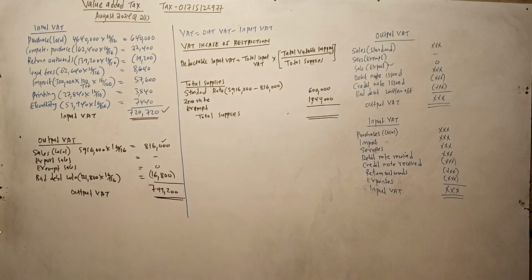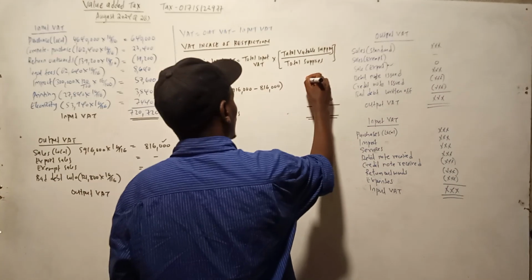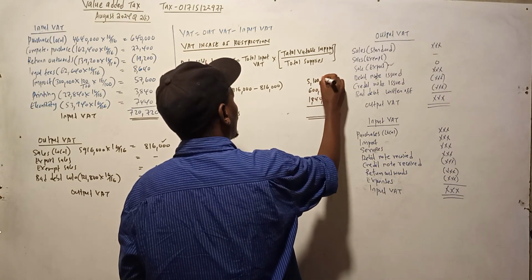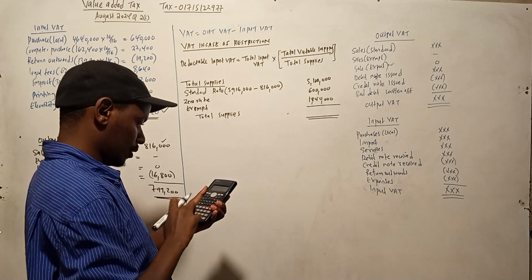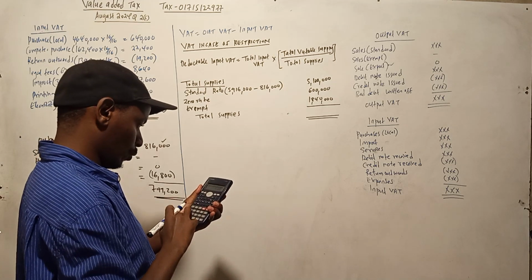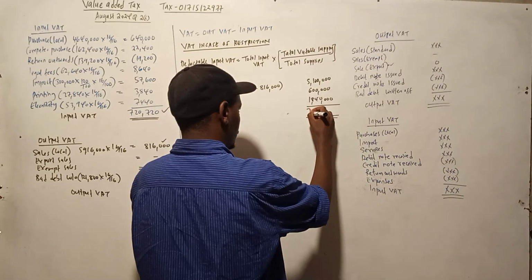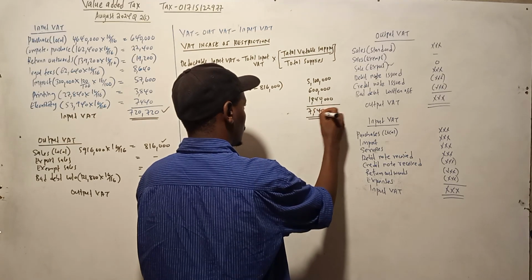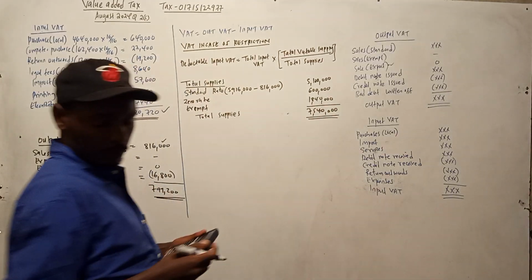How much will this be? So 5916 minus 816 is 55,100,000 plus 600 plus 1840, which is 7540,000.